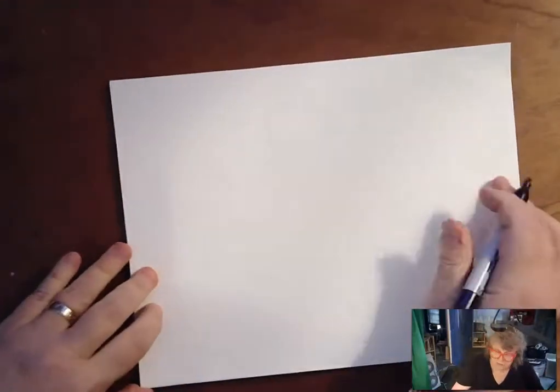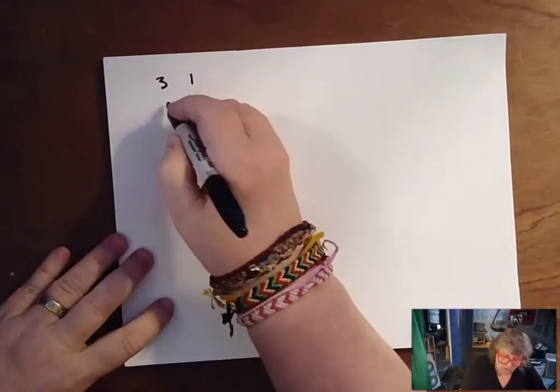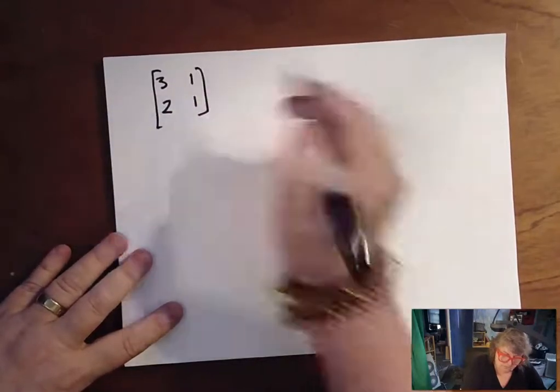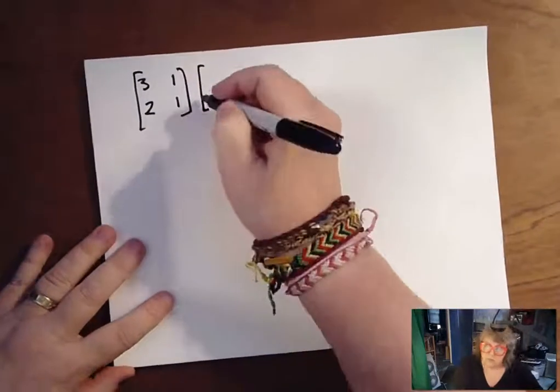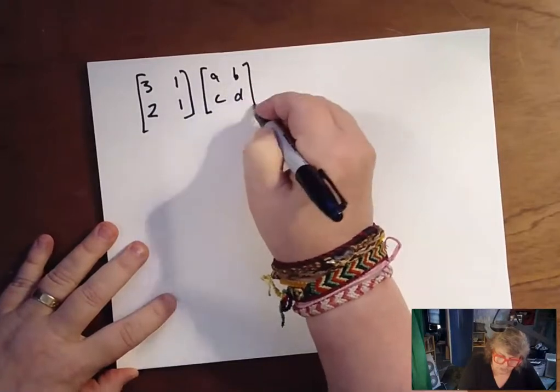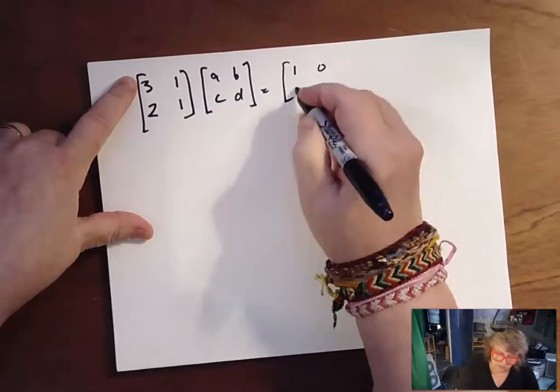Let's say I have the matrix 3, 1, 2, 1, and I want to find a matrix, call it A, B, C, D, such that I will get 1, 0, 0, 1.